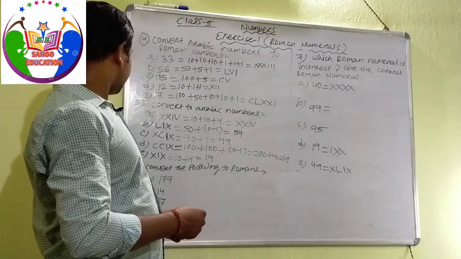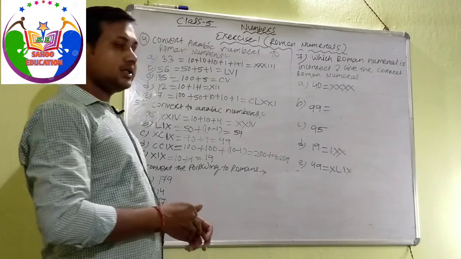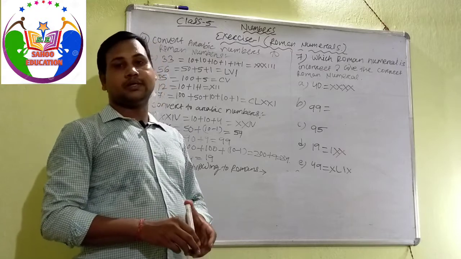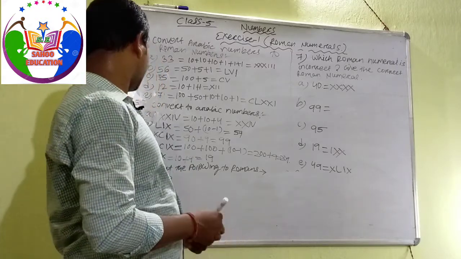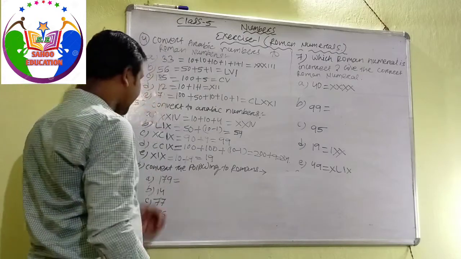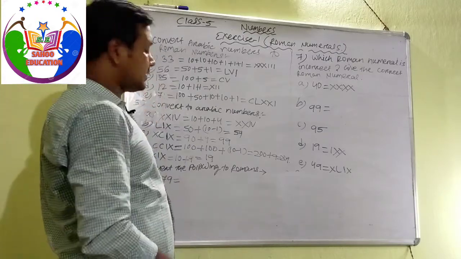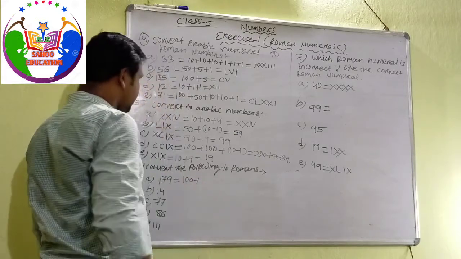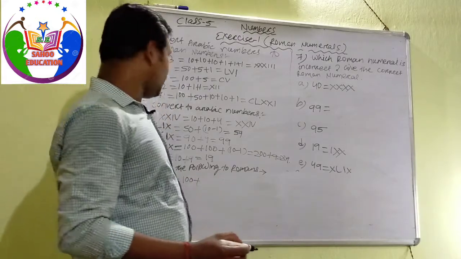Now students, coming to question number 6. Here given, convert the following to Roman numerals. Here given 179. We can split it as 100 plus 70, and 9. You know, 70 is near to 50.